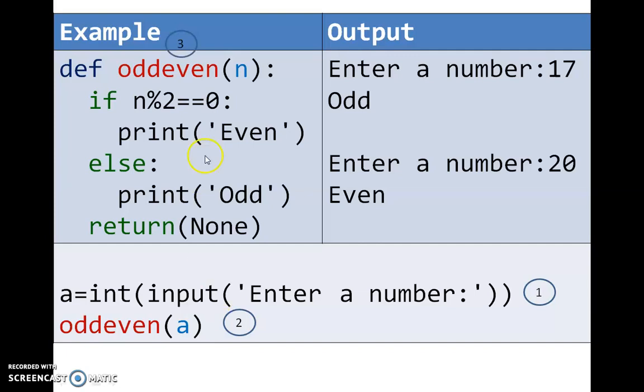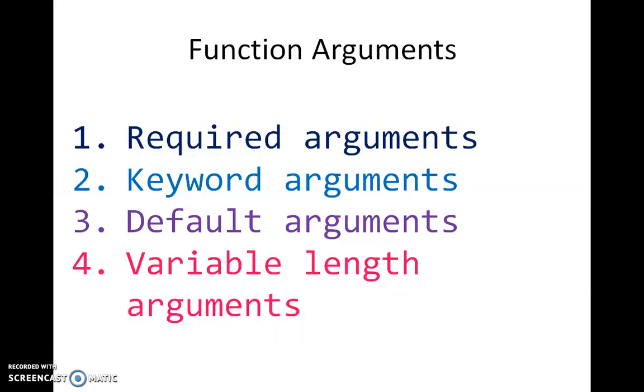Look at the output. Enter a number. I have given the input as 17. I get the output as odd, and when I give the input as 20, I get even.